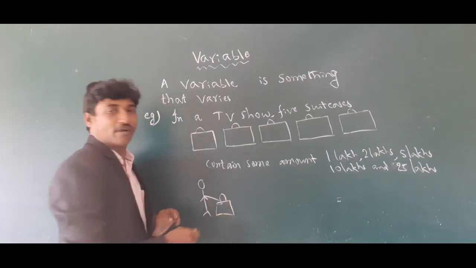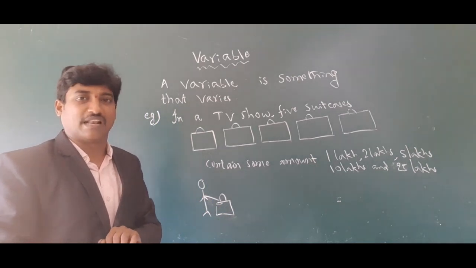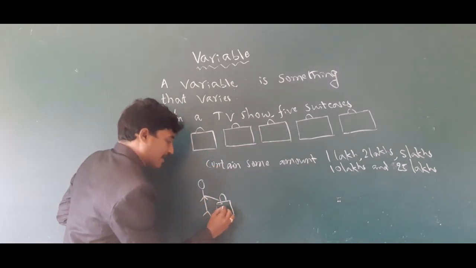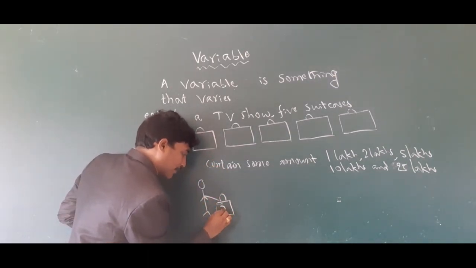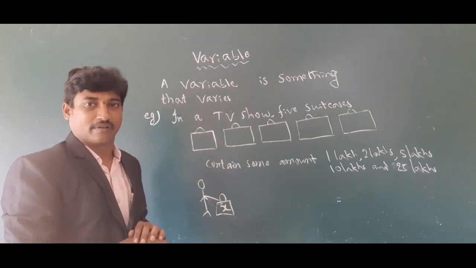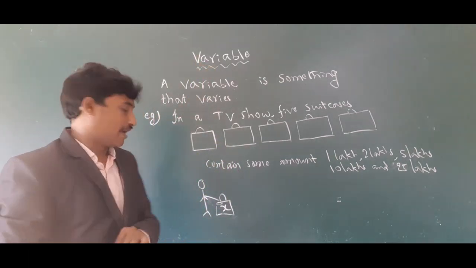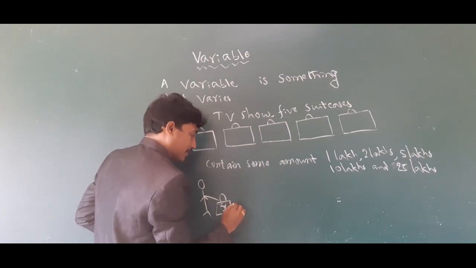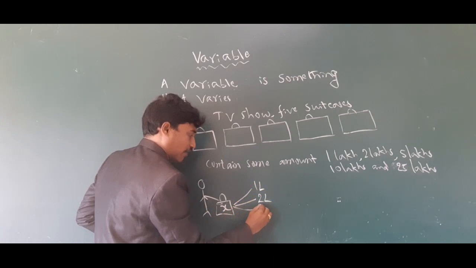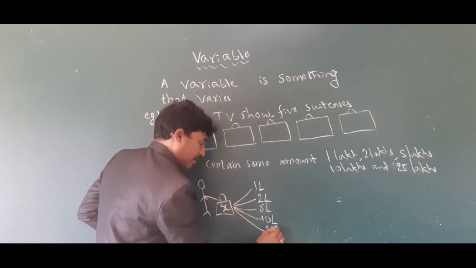So this unknown value can be represented with a letter, either X or Y or Z. I am representing this amount with the letter X. Here X can be called a variable. X value may be 1 lakh or 2 lakh or 5 lakh or 10 lakh or 25 lakh.